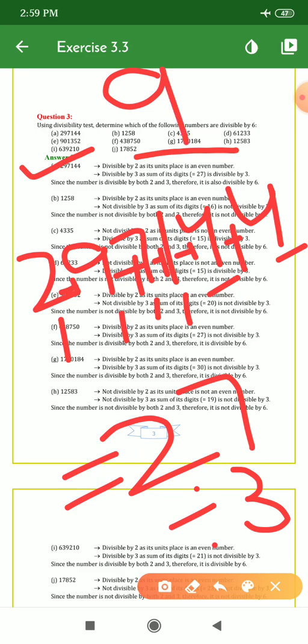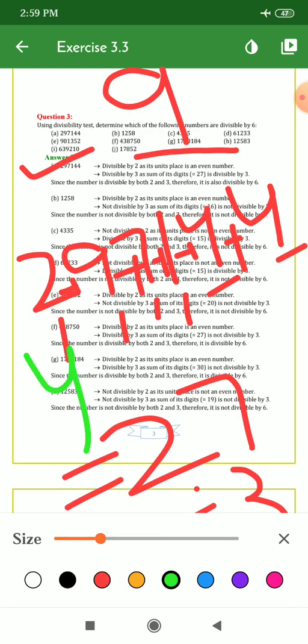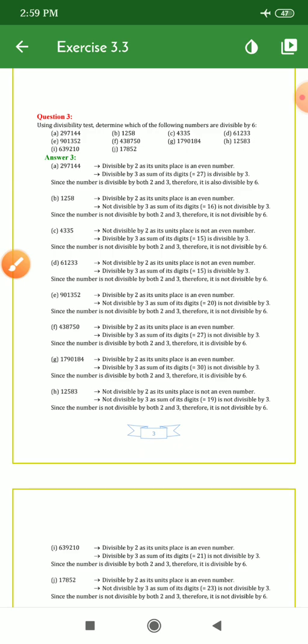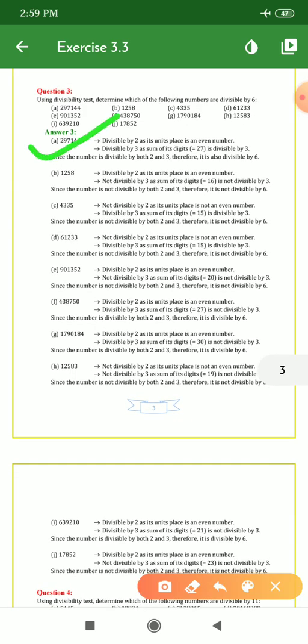So yes, it is divisible by 3 also. You will write, since the number is divisible by 2 and 3, therefore it is also divisible by 6.